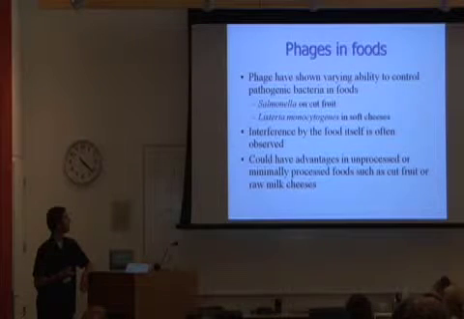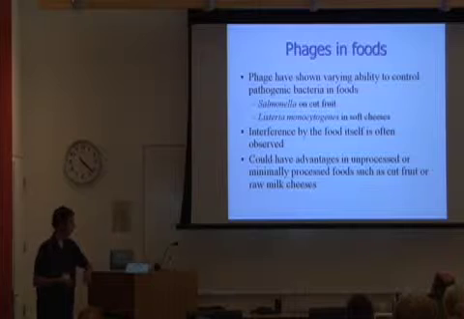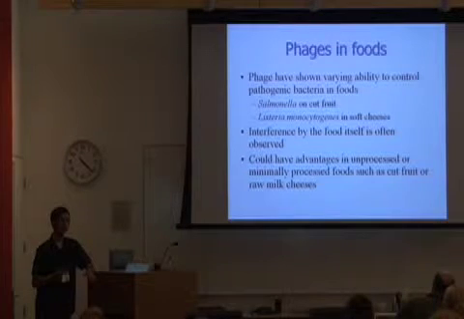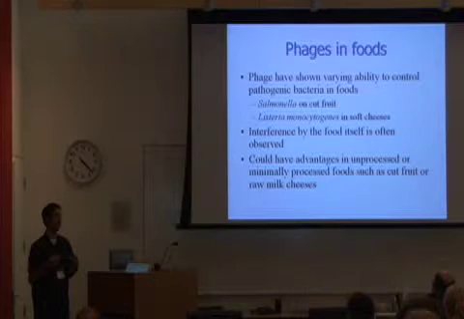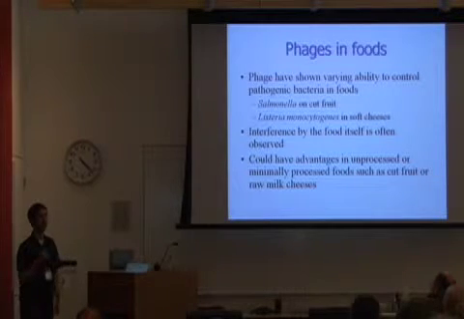There's also been quite a bit of work looking at phages to control pathogens in food. They've been shown to have varying ability. The problem with food is that it really depends a lot on the food. If you imagine you have a pound of hamburger, things probably don't diffuse very well in the middle of a pound of hamburger. People have put in phage to treat, and this is all just spiked samples.